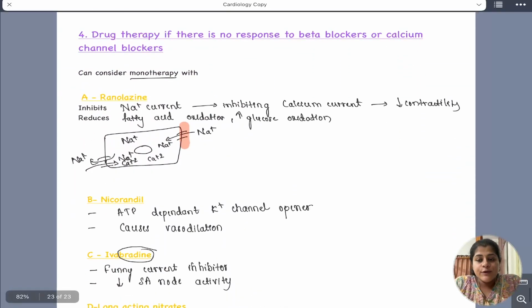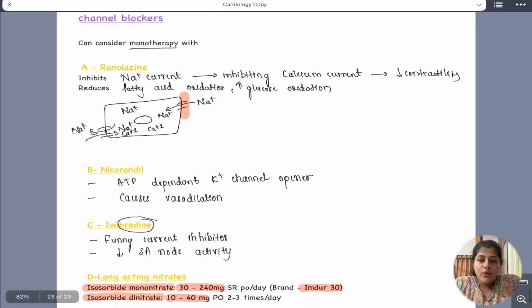If there is no response to first line medication, you can add second line medication, which is ranolazine. Ranolazine inhibits sodium current, which in turn inhibits calcium current, reduces contractility, reduces fatty acid oxidation, and increases glucose oxidation. Nicorandil, a potassium channel opener, causes vasodilation.